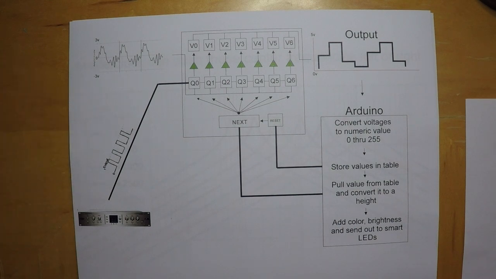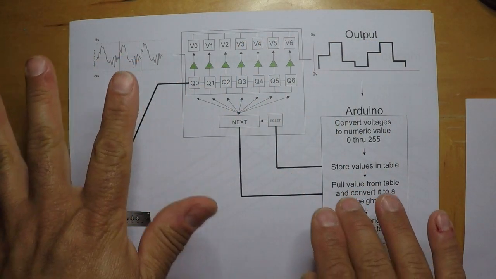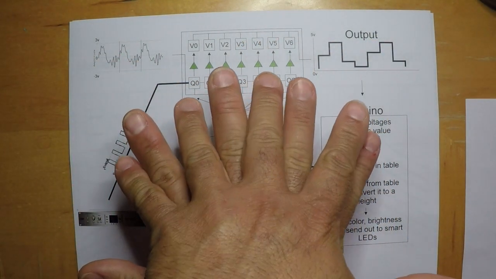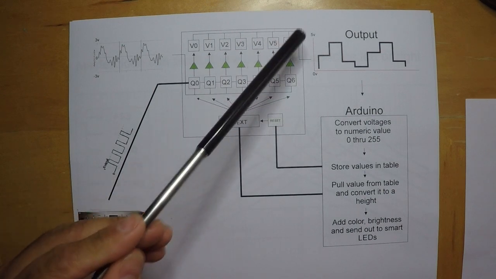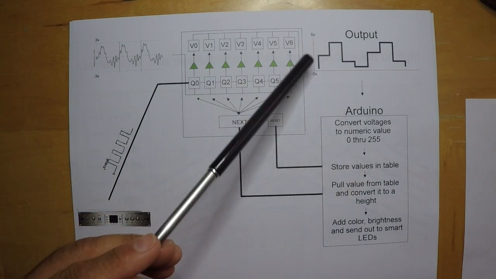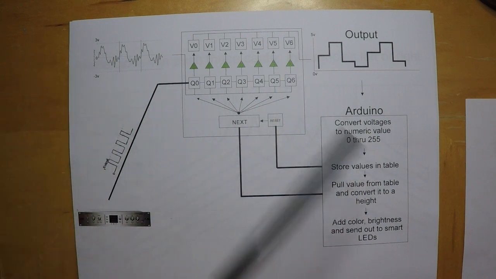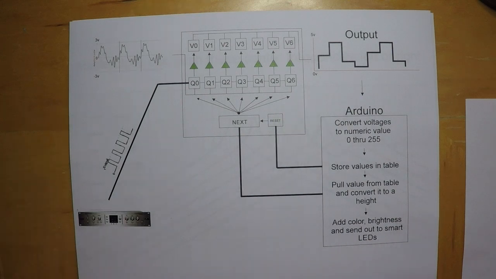Then you end up with 7 frequencies here and 7 frequencies here, and we lay them on top of each other and interleave them. We take the output of each one of those chips, and we just let the Arduino know which one is for which band, and the Arduino will handle the rest.